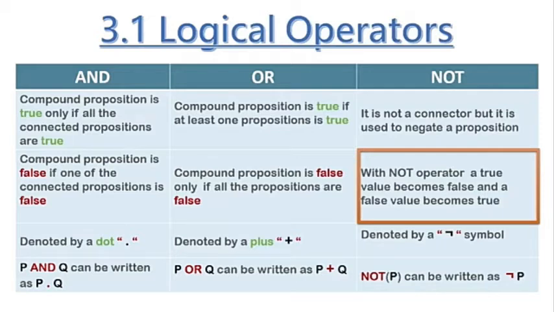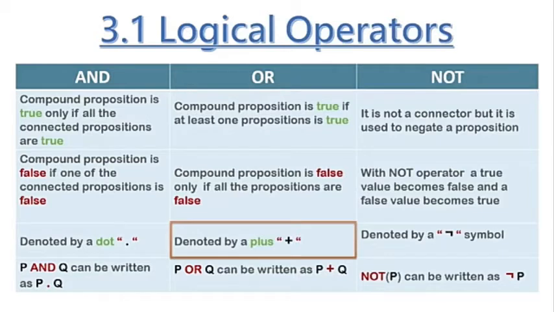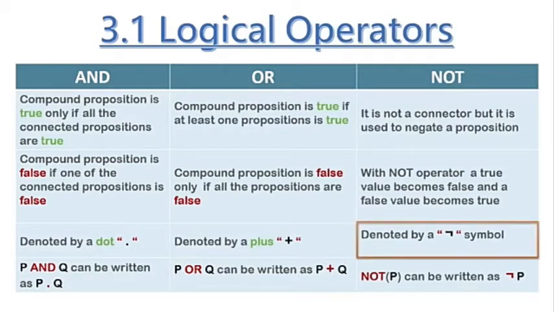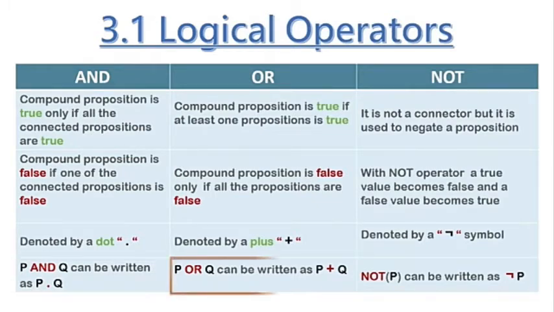Okay students, now I will discuss the truth table, that is, how we can use all these operators. First I will discuss AND. For example, I consider p as: it is raining, and q for this sentence: today is Sunday. So p and q means it is raining and today is Sunday. Here is a table.